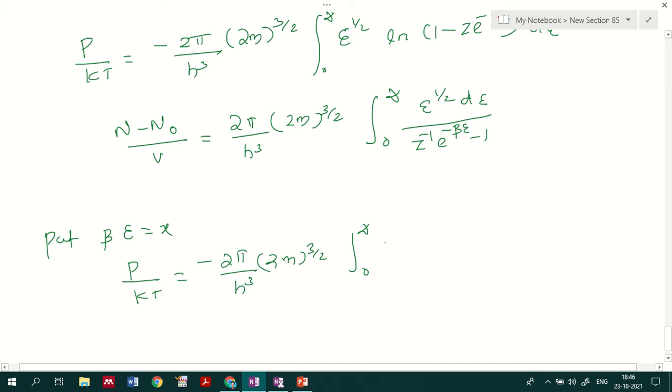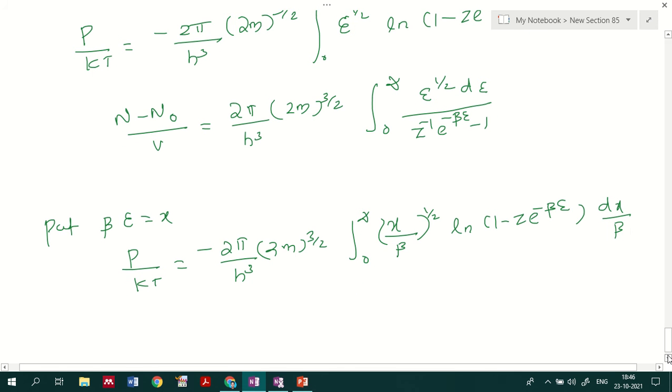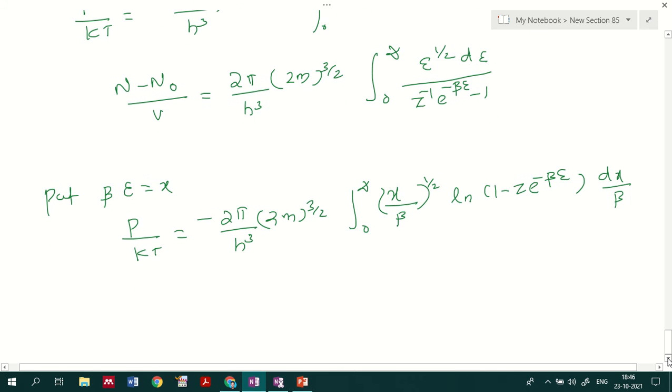If I put epsilon as x by beta raised to 1 by 2, into ln 1 minus z into e raised to minus beta epsilon, dx by beta will be there corresponding to d epsilon. So this will be the representation for p by kt when you substitute beta epsilon equal to x.